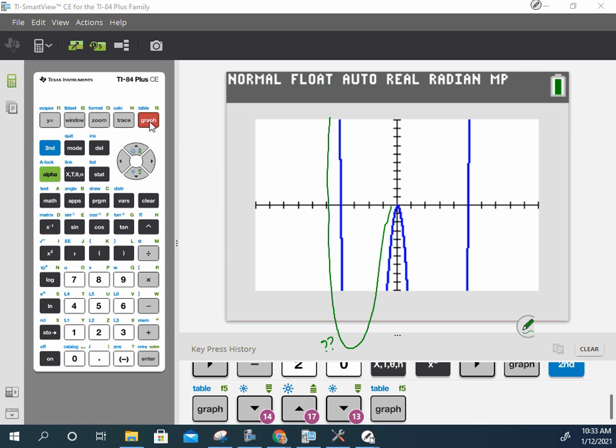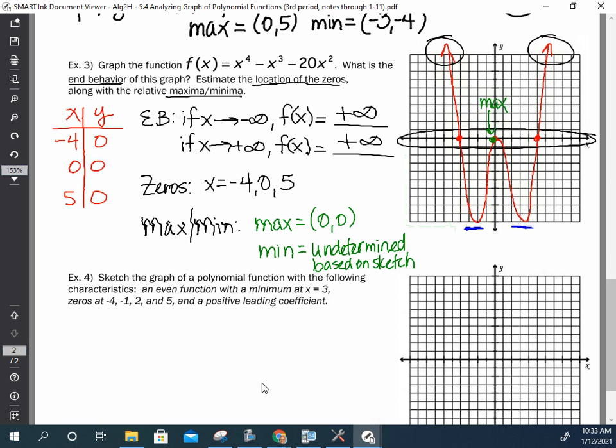Now, the problems that you will see in your homework, on your quiz, on your tests, on your final, they'll be graphs in which you can clearly see a minimum and a maximum. So your problem will clearly have a minimum and a maximum. Other than that, that's it for example 3.